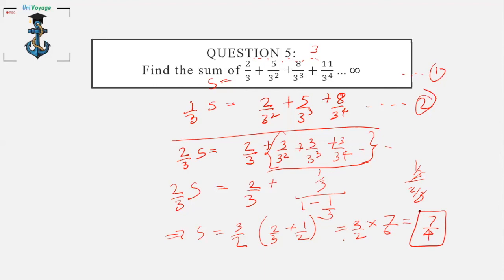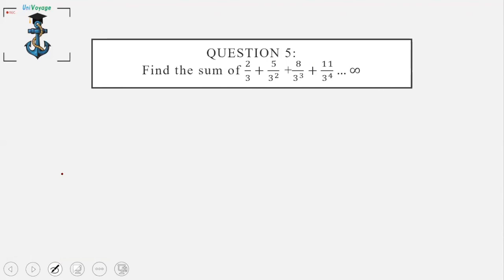There's an easier way to solve these questions. I'll tell you the formula for that. But just make a note of this so that you can understand the logic behind that formula. So this here is called an arithmetico-geometric progression, which is AGP.